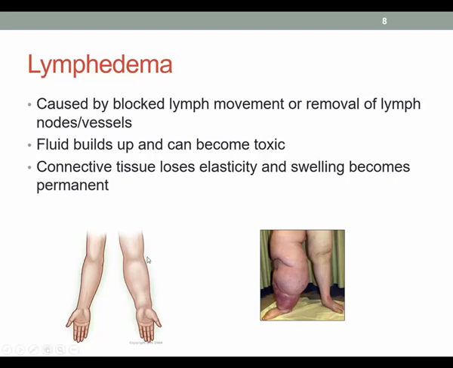And you can see in this picture here, the right arm versus the left has lymphedema and becomes kind of puffy. Lymph fluid can become toxic if it doesn't move because it builds up the bad stuff too, and you lose elasticity of the connective tissue and the swelling becomes permanent, or the ability to go back into shape is lost. Another example of this is elephantiasis.